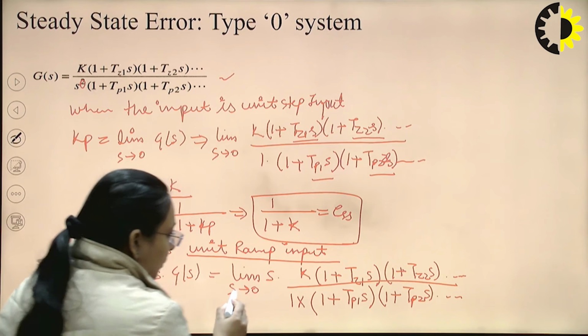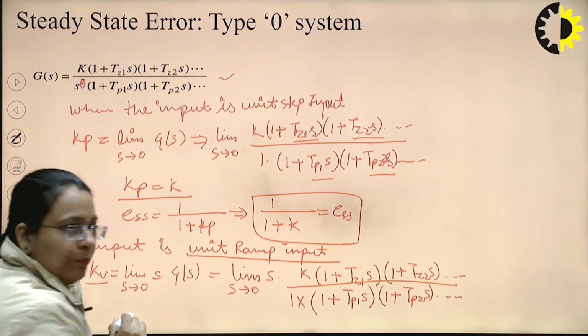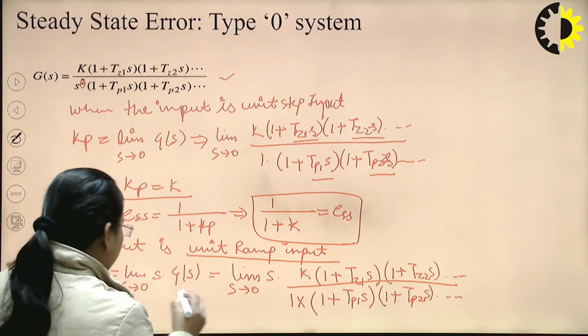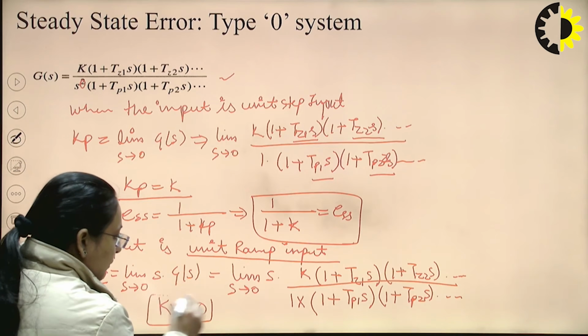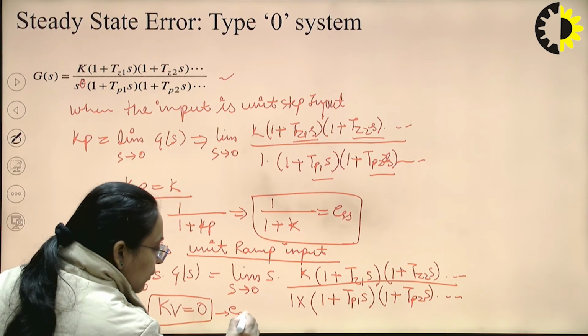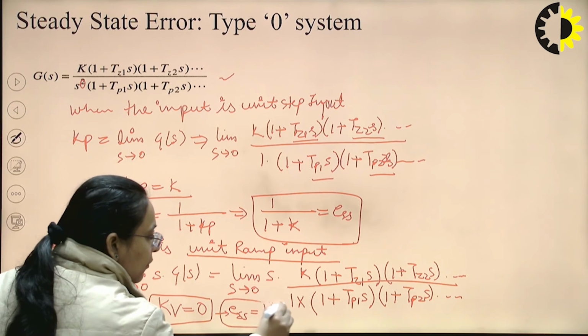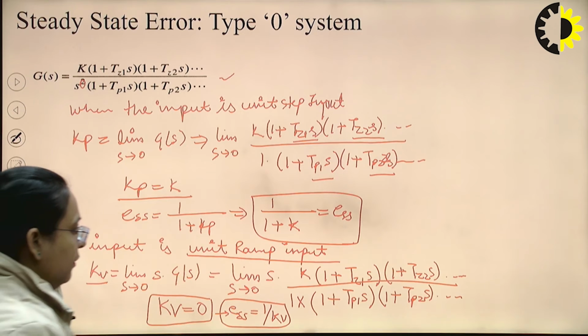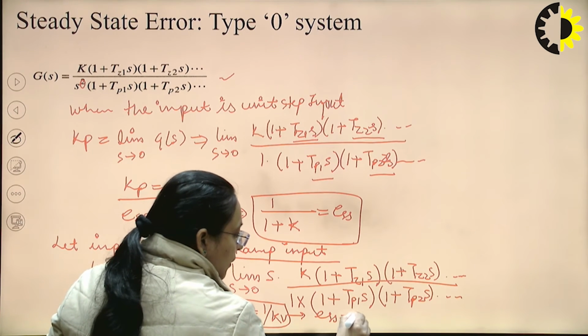So when we put S tends to 0 in this equation, the value will become 0. That means here Kv is equal to 0, right? And correspondingly the steady state error for Kv is 1 upon Kv. So the steady state error will become infinite.